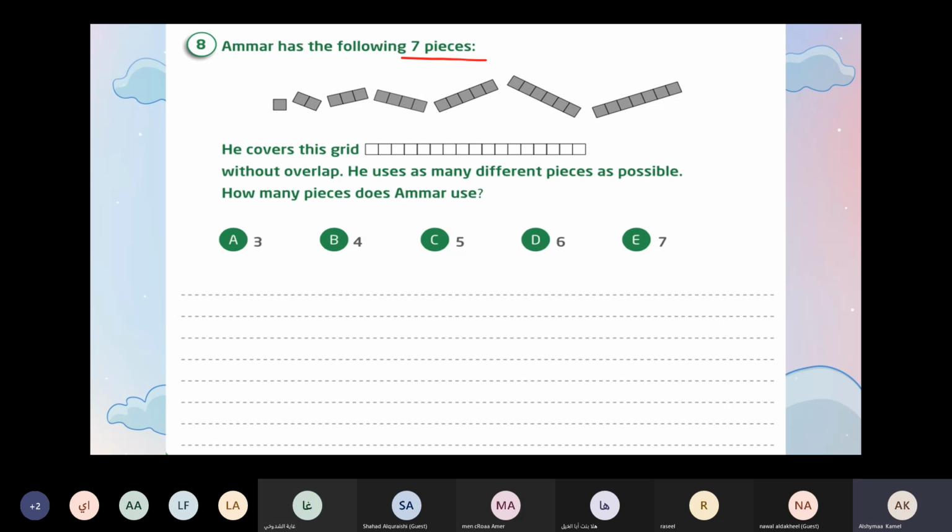What do you think? He said here without any overlapping. So if I put one piece like this, I will not come and put another piece on it. This means overlapping. He should use as many different pieces as possible. So not only one piece or 2 pieces. What do you think?